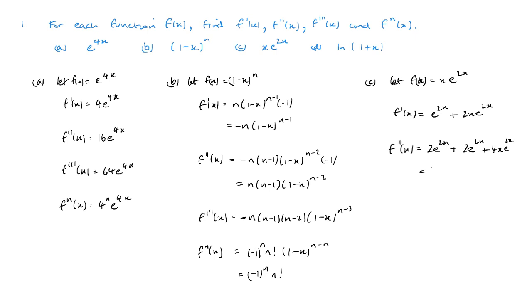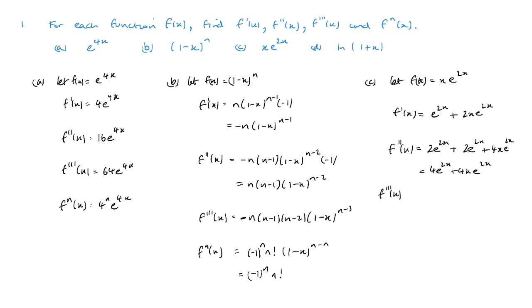So that is 4e to the 2x plus 4x e to the 2x. So I think we're starting to find a pattern. Let's check with the third one.